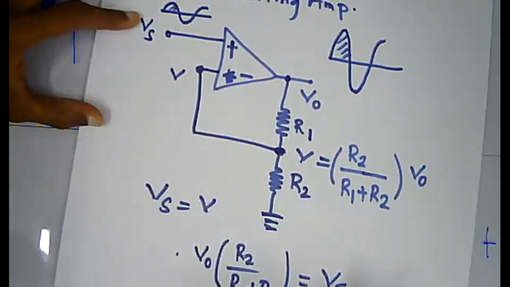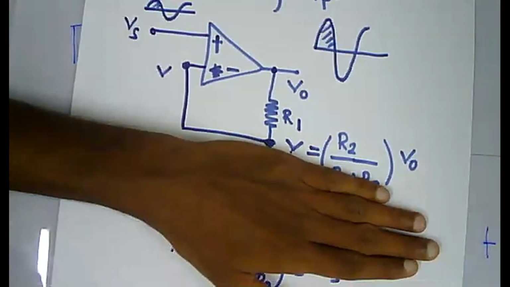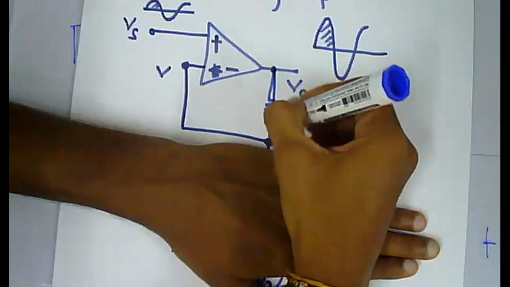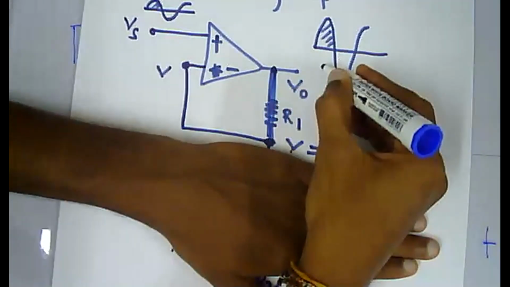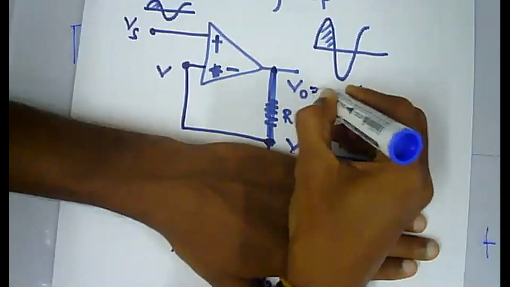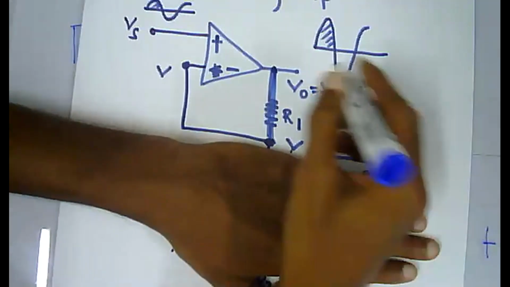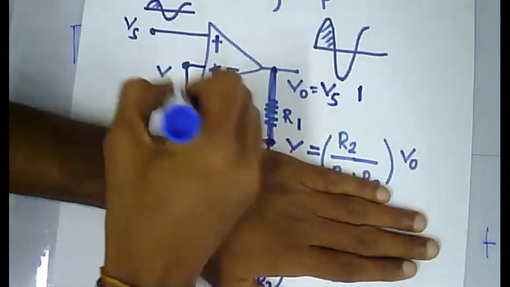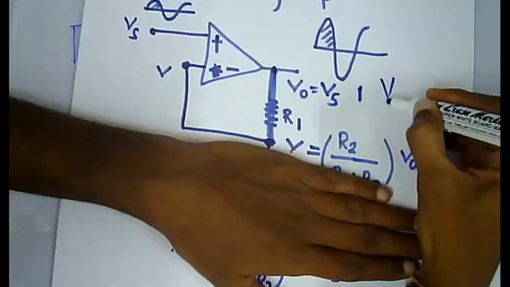R2 infinity means this is completely open circuited, and R1 0 means this is just short circuited, and hence the voltage gain becomes 1, right? So at this point V out becomes Vs, and this circuit is called a voltage follower.